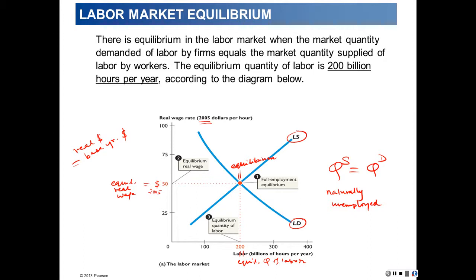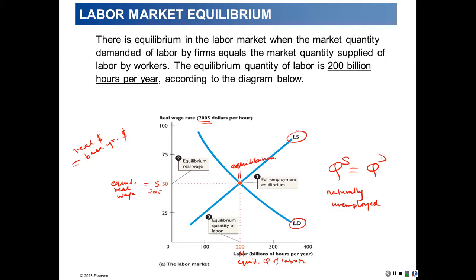Correct? And the quantity of labor supplied is equal to the number of man hours that workers choose to work. So in this scenario then, at equilibrium, what is true? Well, at equilibrium, we have equality between the number of hours that workers choose to work and the number of hours that firms wish to employ. Right? In other words, everyone who wishes to work has a job then at equilibrium, correct?